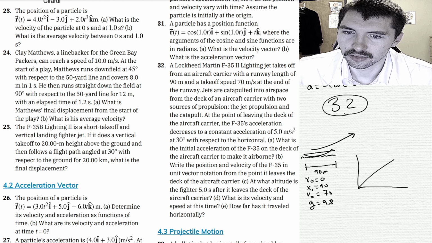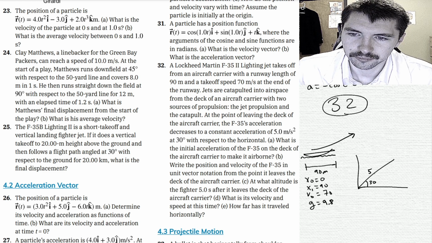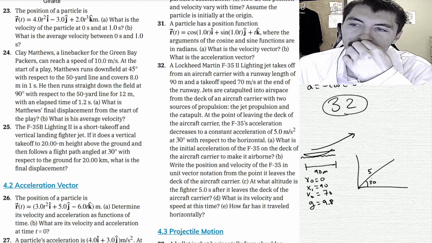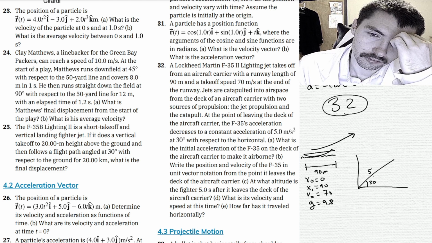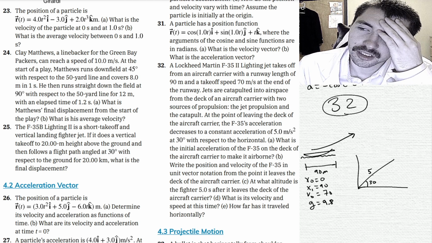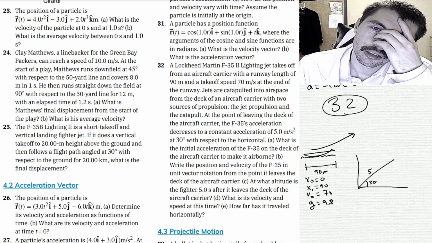It's saying 30 degrees, 5. So I'm thinking we solve for the x, because gravity isn't affecting the horizontal acceleration.